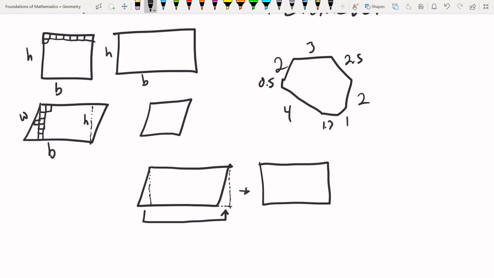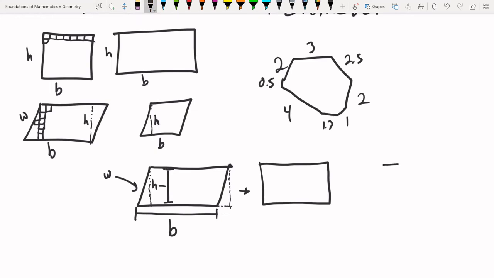And so as long as I multiply the base measurement here by this measurement here being the height, then I can do base times height. This measurement here is more like a width measurement, or kind of how tall it is, but it's not quite the height. That's not used in the area measurement. It's base times height. The same thing is true for the rhombus: base times height.